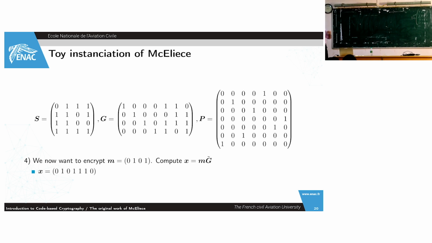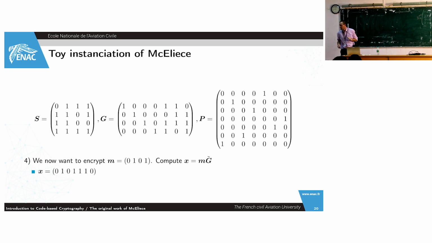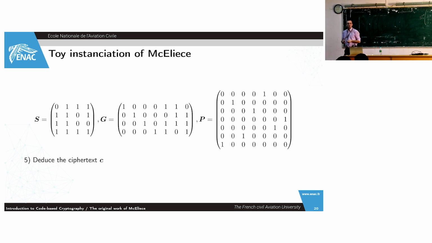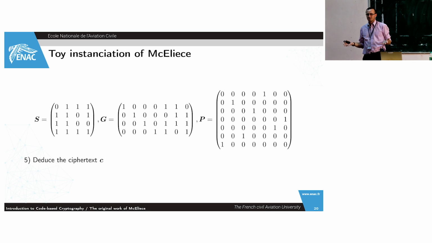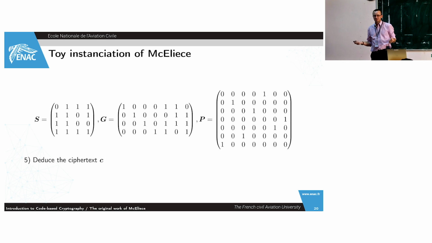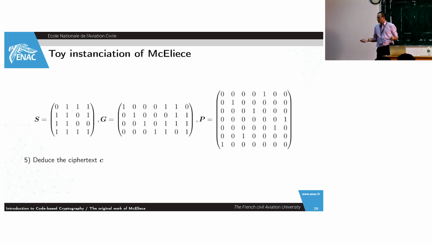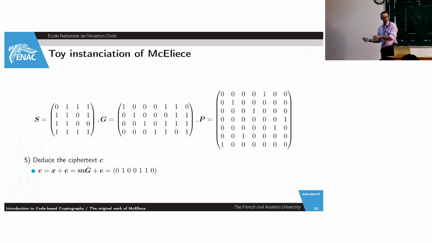Compute S minus 1. Okay, we already have done this. Let's use Sage, for instance. Compute P minus 1. What's P minus 1? To inverse S, I prefer using Sage. To inverse a permutation matrix, I prefer to use math.